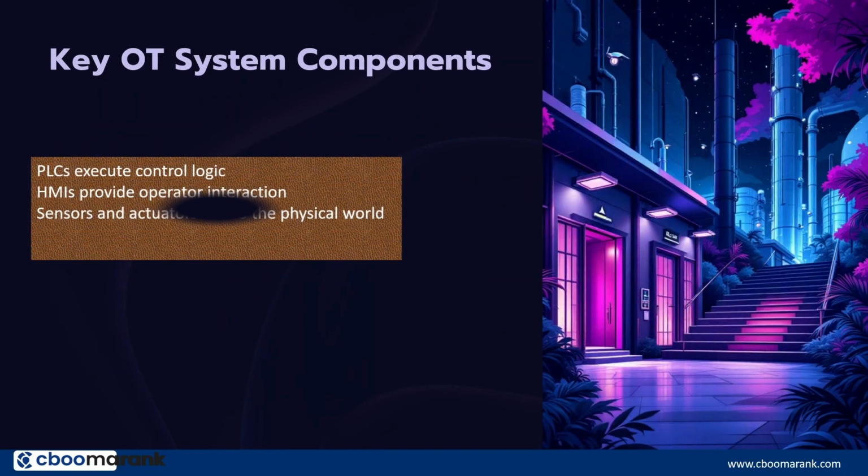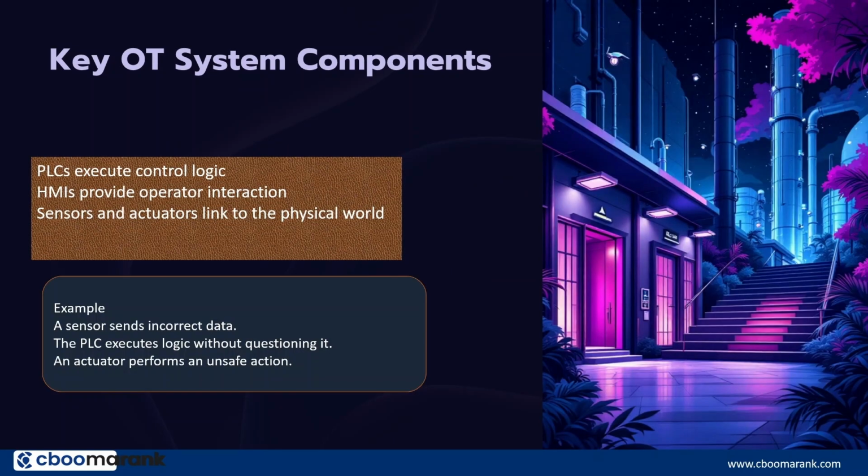So the PLC executes and controls the logic, while the human machine interface provides operator interaction. Sensors and actuators link to the physical world. For example, look at this scenario. A sensor sends incorrect data, whether due to failure or attack.